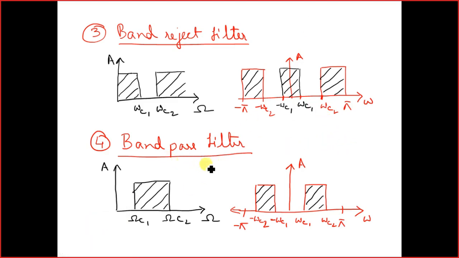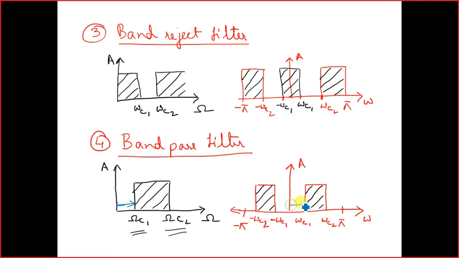Now, when we talk about the band pass filter, it is just the opposite. So we have omega C1 to omega C2, there are some frequencies. Now, if you plot over here in the analog domain, 0 to omega C1 is 0.